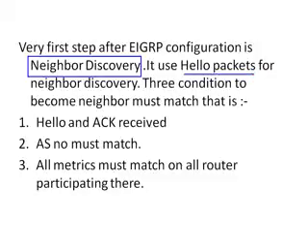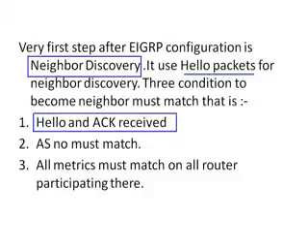Three conditions must match to become a neighbor. The first condition is hello and acknowledgement receipt. As you configure EIGRP on a router, it sends a hello message to its neighbor, and to become a neighbor, an acknowledgement must be received. The second parameter that must match is the AS number, which means autonomous system number.